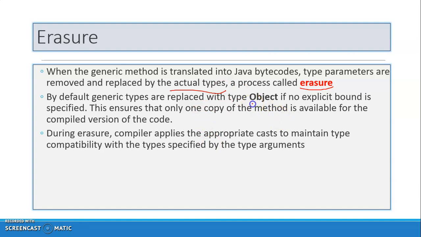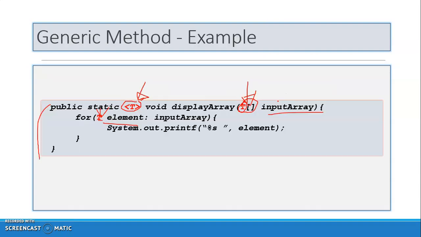This ensures that there's only one copy, or one version, of a method. Instead of T, it will put Object here and Object here, and we display.